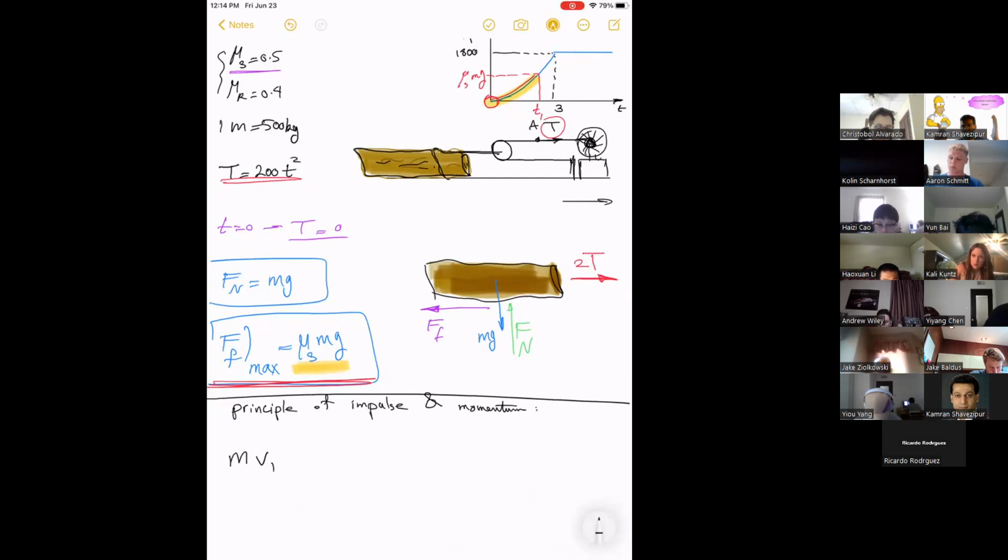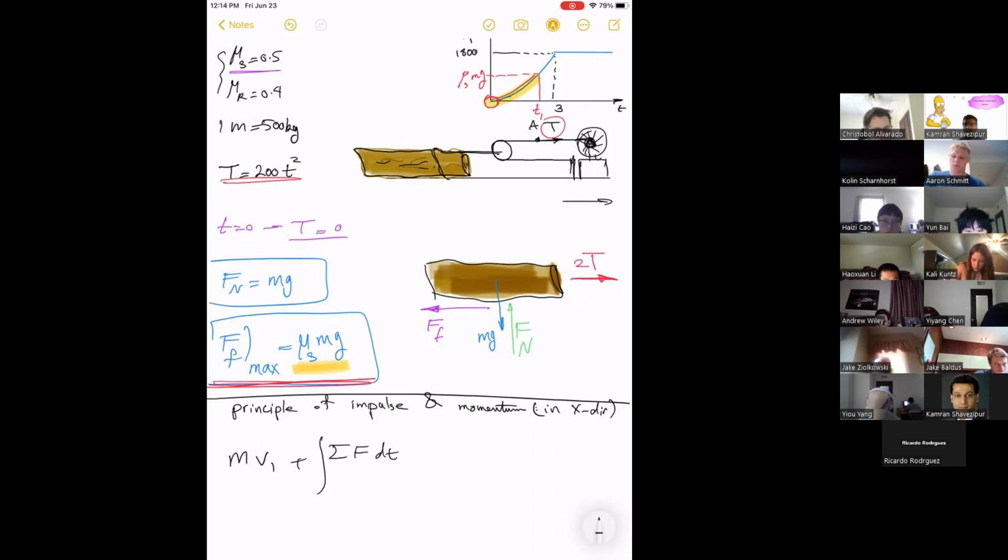Everything is x. mv1 plus the integration of the summation of forces dt.